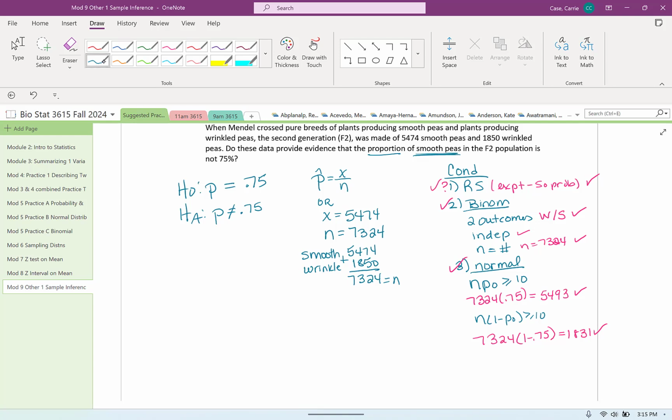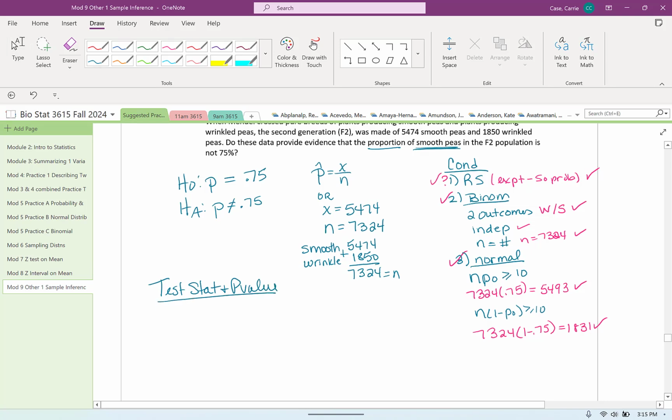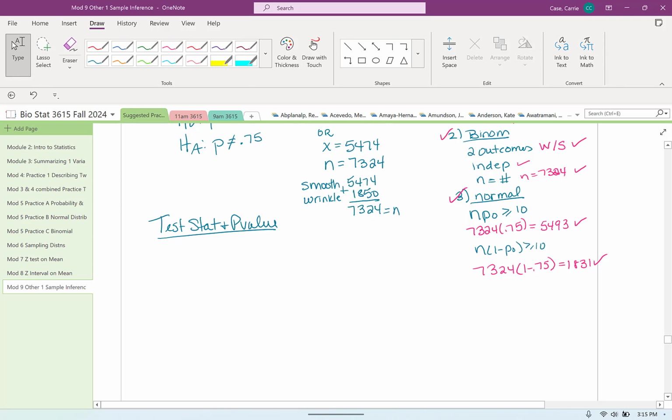So now I want to go to R and get my test statistic and my p-value. Typically my test statistic would be a z-test statistic. But remember that R doesn't do this normal approximation using the normal curve. Instead, it uses a different distribution that we're going to get to soon called a chi-square distribution.